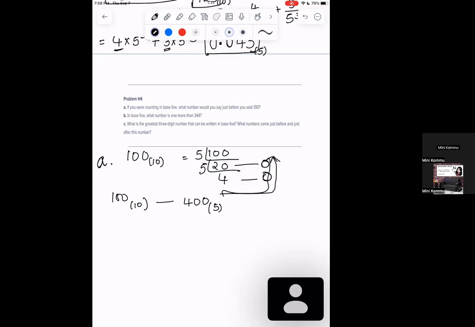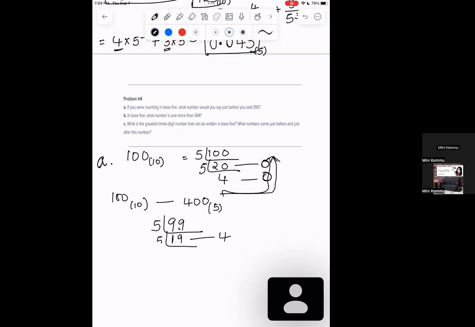Okay. Now what number comes just before 100? 99. All right. We don't even have to calculate this. So just before 100, you get 99. So 99 in base 10 will be how much in base 5? So I'm going to write 99. 5 19's 95, and then the remainder is how much? 4.